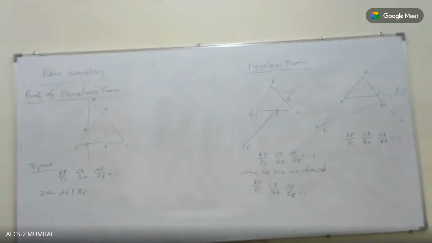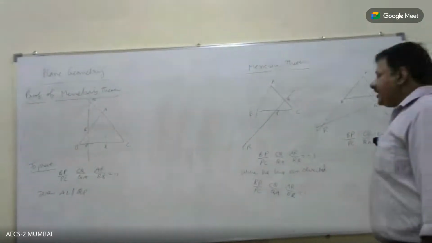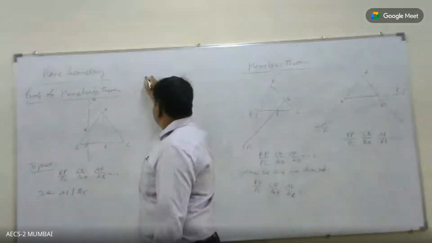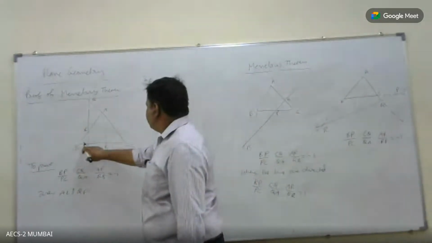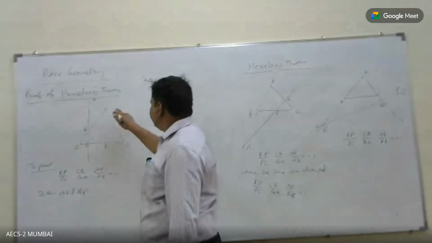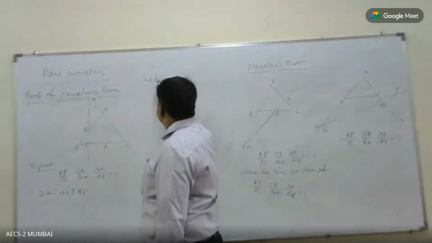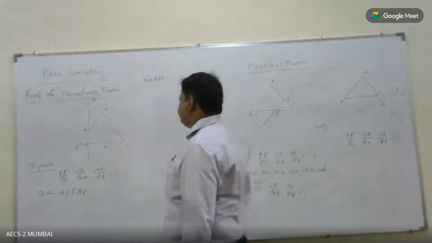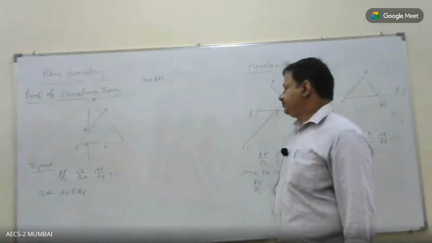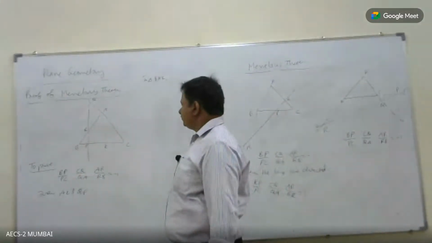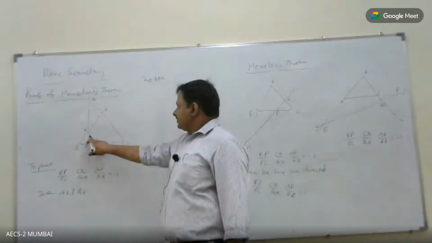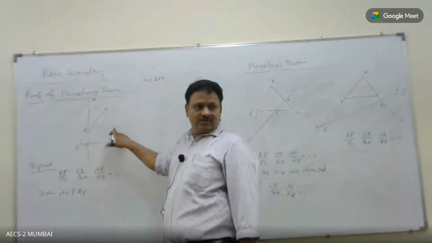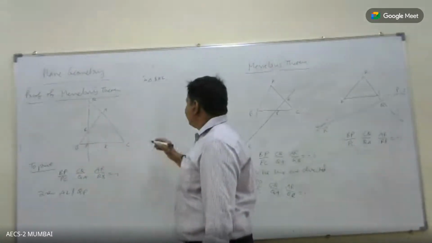Right. Now, take the triangle BKA or BAK. These two are parallel by construction, so I can use BPT straight away.